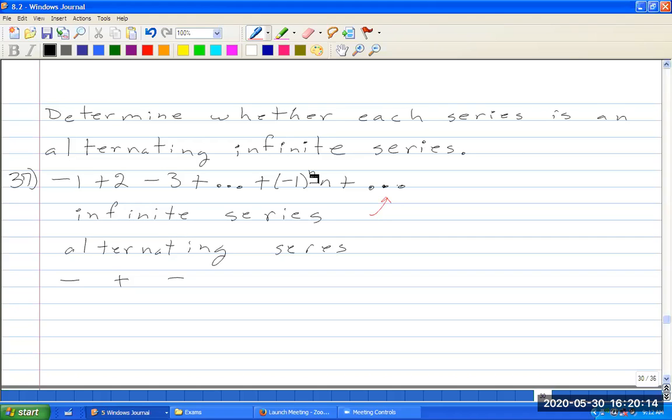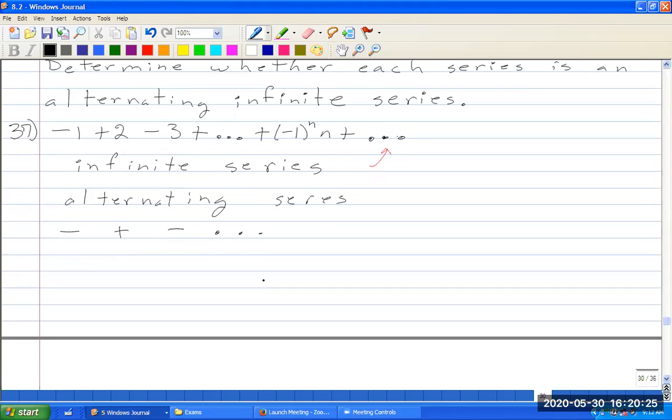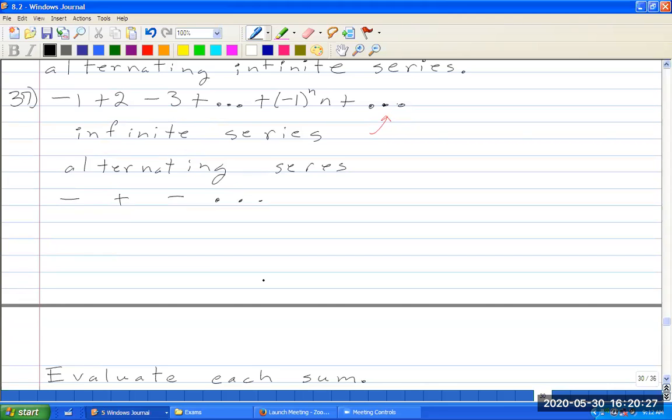For odd n, it'll be negative. And so it keeps alternating between signs. So it keeps changing between plus and minus. Therefore, it's both an alternating series and an infinite series. So this is an alternating infinite series.